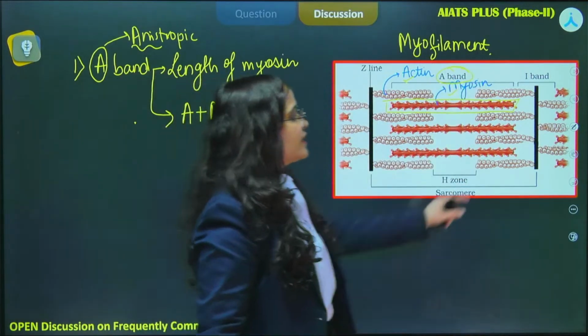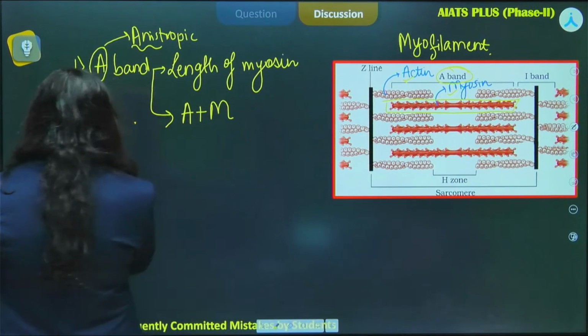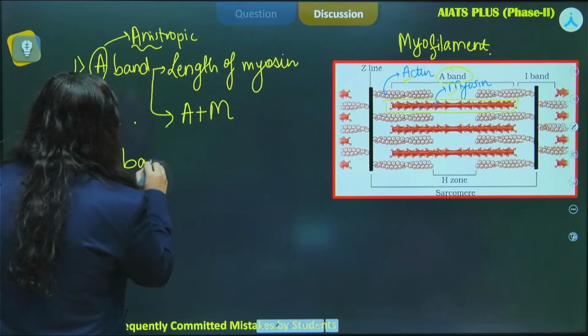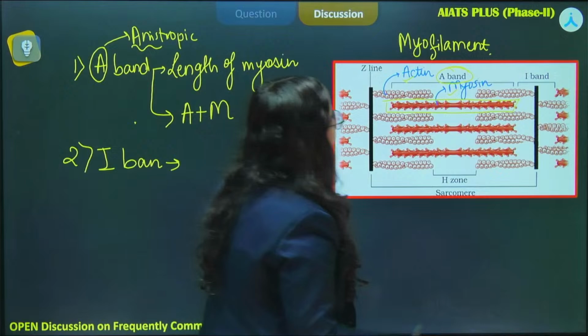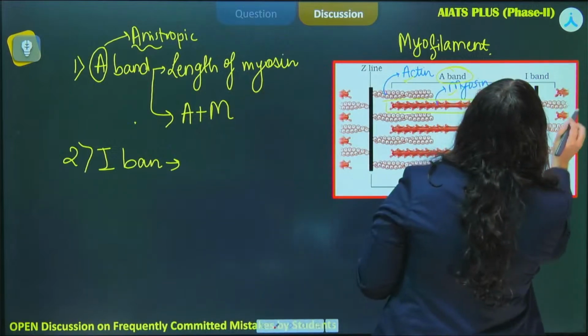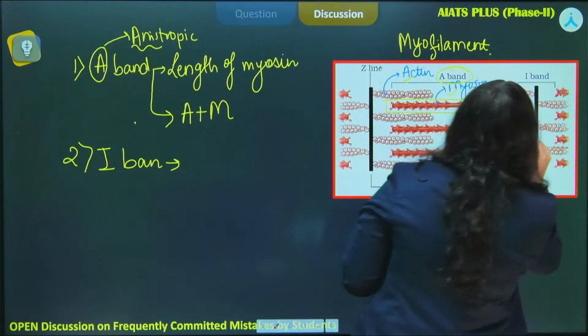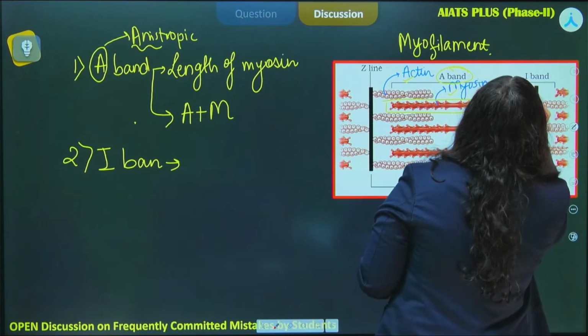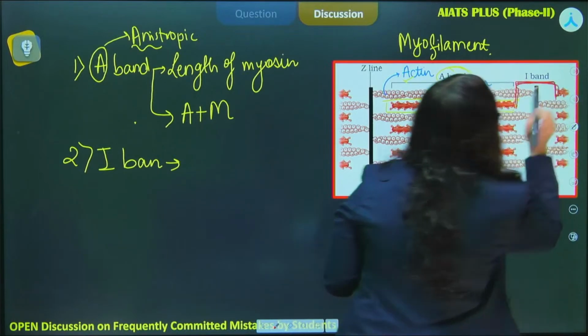Now let's move to the I band that we see in our structure. So I band is basically the distance between the two myosins. Here we can see that I band is the distance between the two myosins.